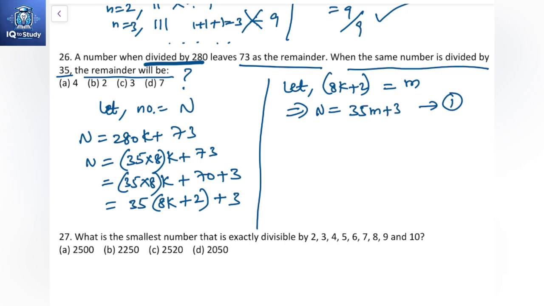On dividing the same number by 35, the remainder is 3, which is option C.